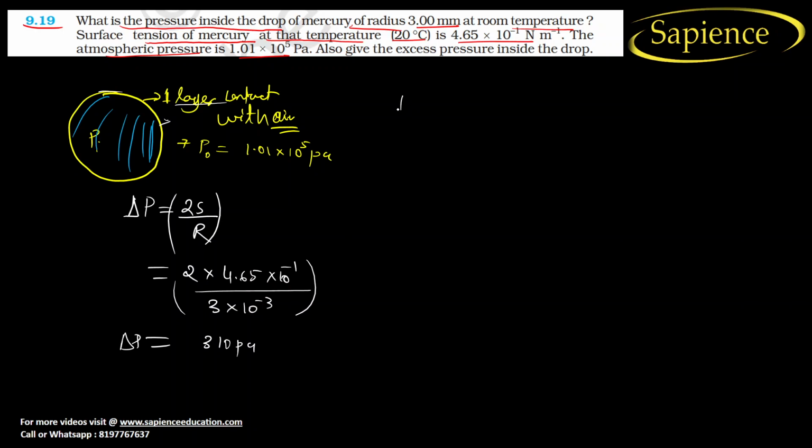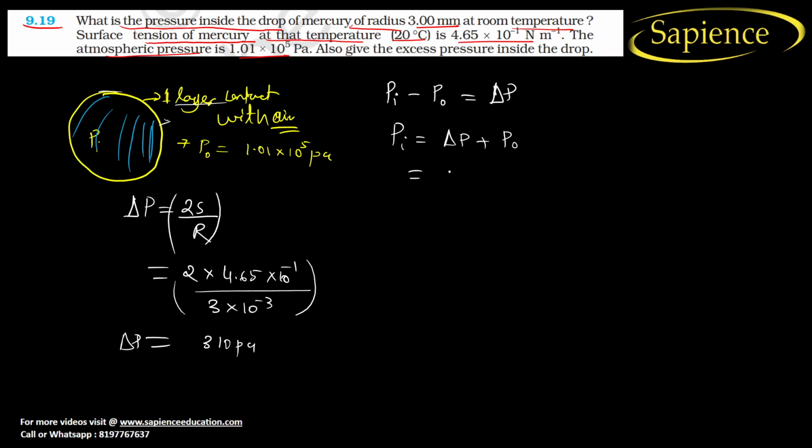Now how much will the pressure inside be? Here we need to understand how we find the inside pressure. P inside minus P outside, that is the atmospheric pressure, is equal to the excess pressure. So P inside is equal to excess pressure plus P outside.